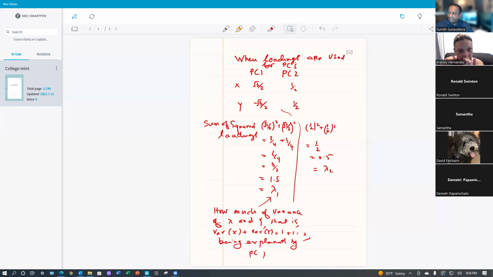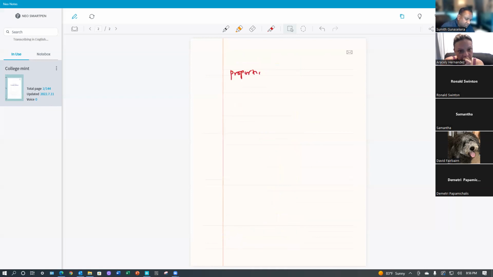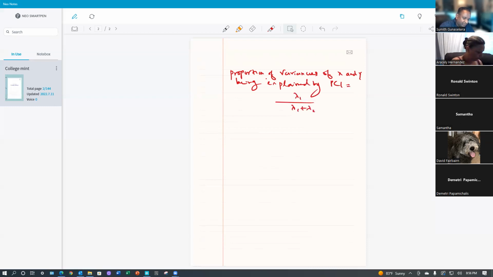Now you can tell the same thing as a fraction. Now I'm going to write it as a proportion. The proportion of variance of x and y being explained by PC1 is lambda 1 over lambda 1 plus lambda 2.